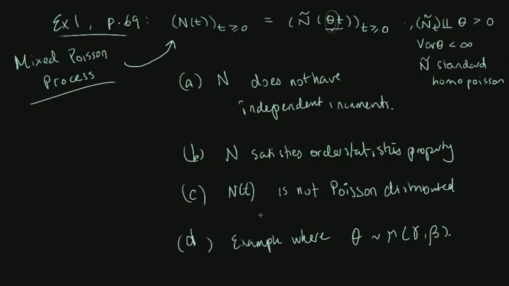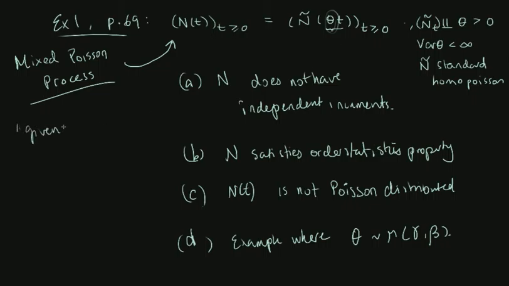One last thing just to end this video with is that in general, whenever we work with mixed Poisson processes, we will often say stuff like, given theta, N behaves like a homogeneous Poisson process with intensity theta. This is something that we will use a lot.